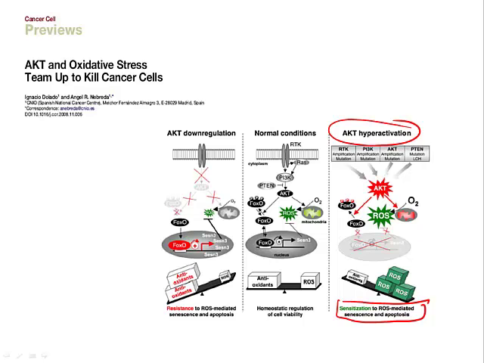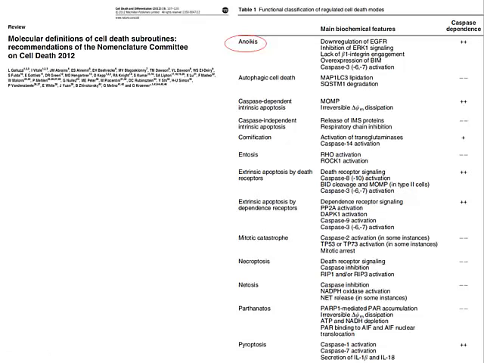So again, we have a problem here. We have something which we call a survival pathway, but depending on the very stage of where we inhibit or activate the survival pathway, we can actually get results that we don't want. So we have to be very careful in combination therapy how we combine the effects of the inducer of apoptosis and the sensitizer, because otherwise our sensitizer very quickly can become a blocker.